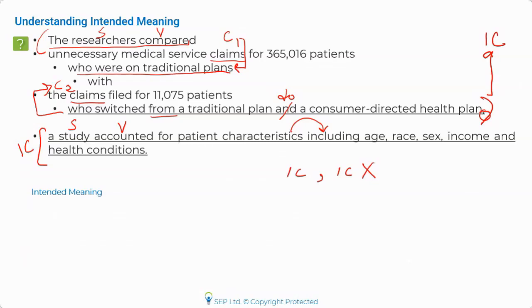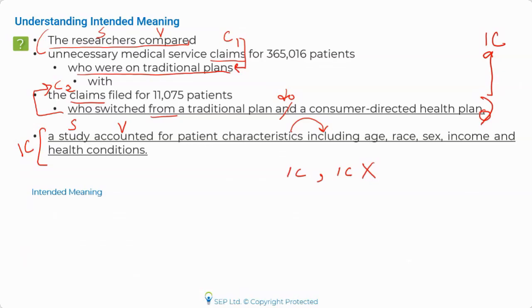So when I'm reading this sentence, I don't know straight away how this will be restructured, but I do know that the first portion seems to be fine, but the second portion has to be reconnected in some other way. But if I have to draw a relationship between the first clause and the second clause, what will I do? A study accounted for patient characteristics. So which study are we talking about? Well, the researchers compared two kinds of claims.